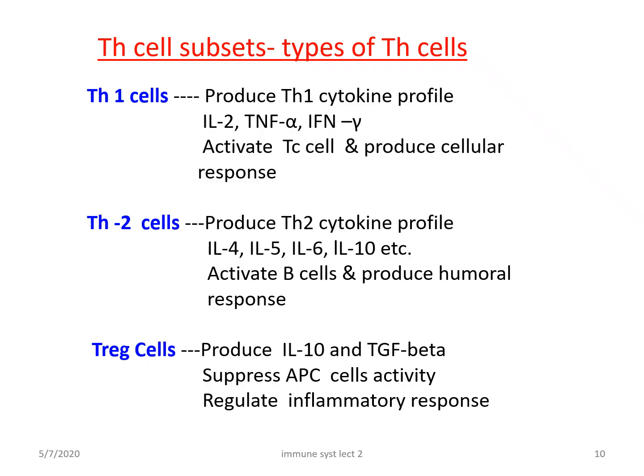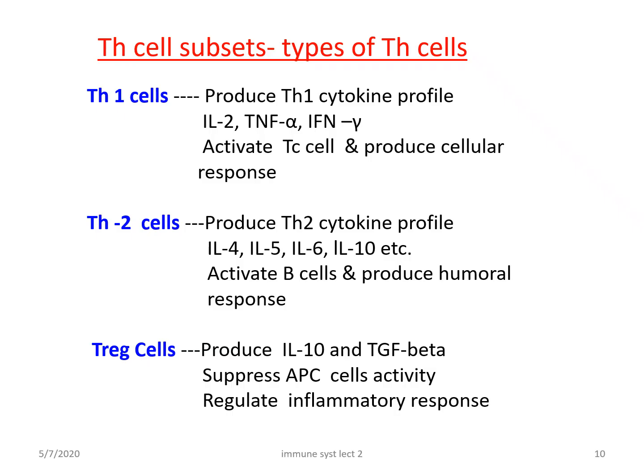And they are identified on the basis of the cytokines they produce after their differentiation. So TH1 cells produce a profile which is referred to as TH1 cytokine profile, and it consists of interleukin 2, TNF alpha and interferon gamma.